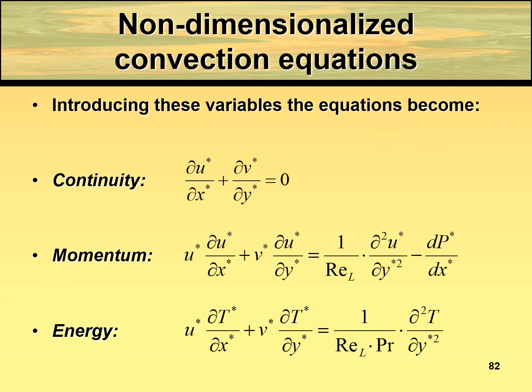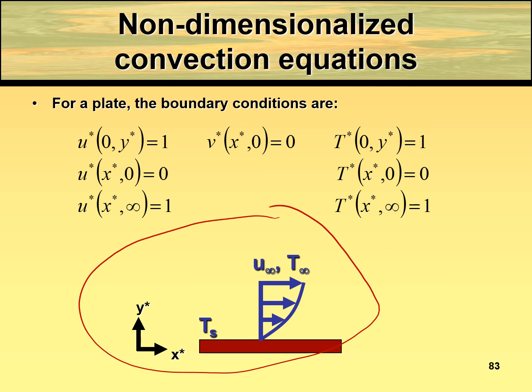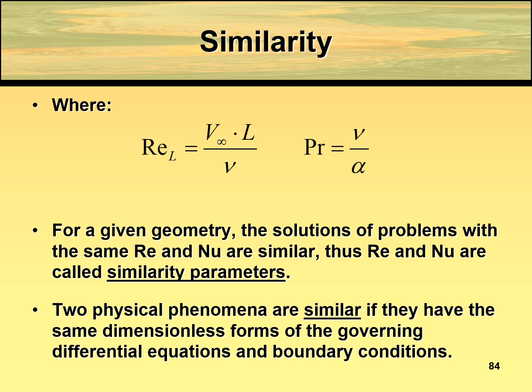So you can modify the continuity equation, the momentum equation, and the energy equation. Thus we replicate the non-dimensionalized conditions for the velocity boundary layer conditions. Similarly, you can do the modification for the Reynolds number.